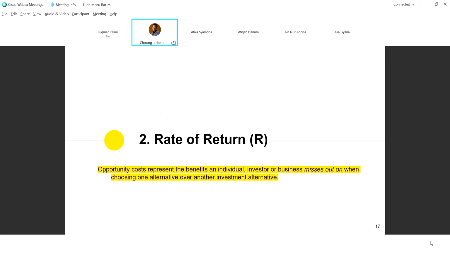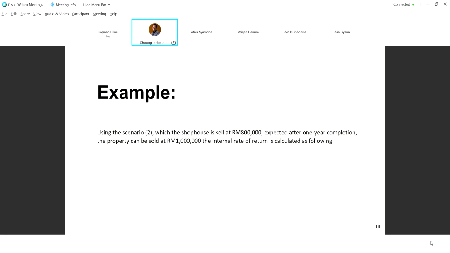So kita refer kepada example dulu. Using the scenario yang kedua tadi tu, which the shop house is sell at 800,000, right? Expected after 1 year completion, the property can be sold at 1 million. The internal rate of return is calculated as following.